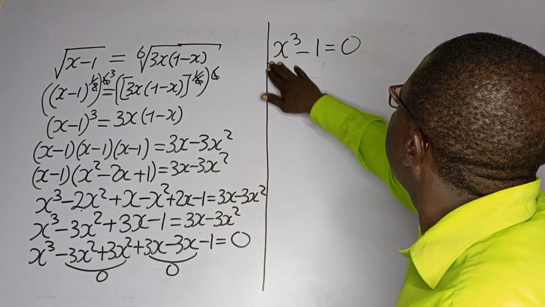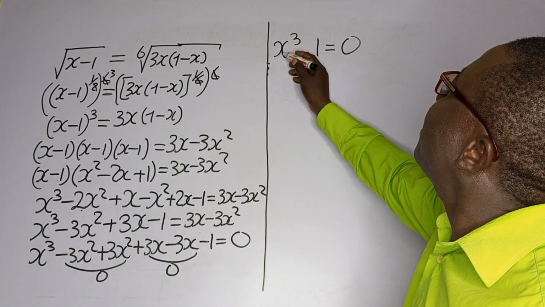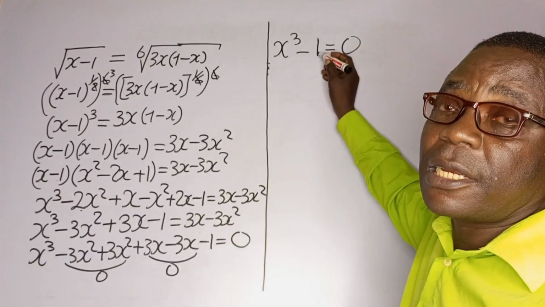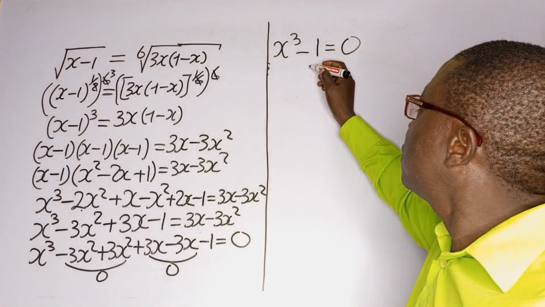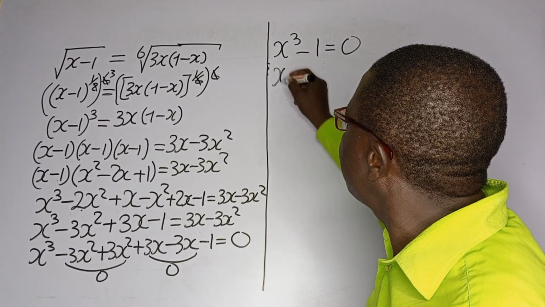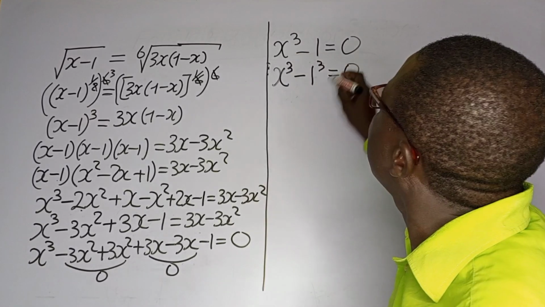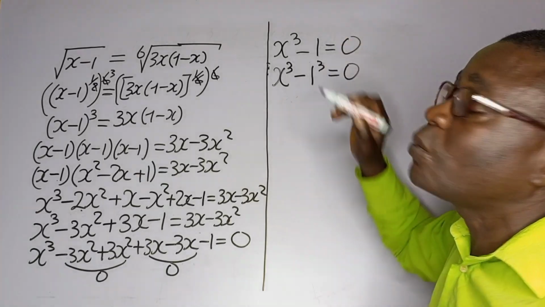So let's go ahead and bring out all the solutions. What do we do then from here? When we get this, we can see clearly that x cubed minus 1 is actually a difference of 2 cubes, where we can write 1 as 1 cube. So this expression again can be written as x cubed minus 1 cube is equal to 0. 1 cube is just the same as 1.